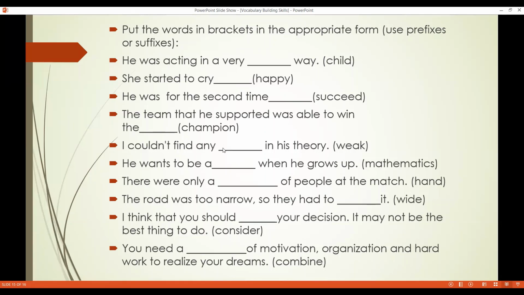I couldn't find any weakness in his theory. And if we go to the second last sentence, I think that you should dash your decision. It may not be the best thing to do. I think that you should reconsider your decision. That is a prefix. So we are again going to do similar exercises in the class.